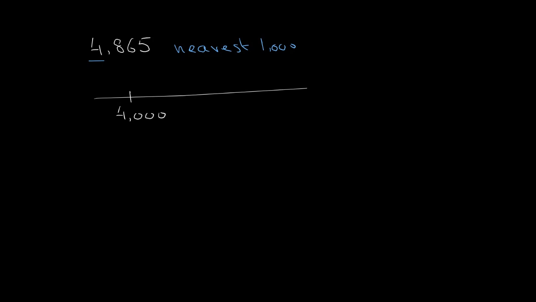So here's 4,000, here's 5,000, here is 4,500, halfway in the middle. And now 4865 is somewhere over here. So you can see it's closer to 5,000. So I can say 4865 to the nearest 1,000 is equal to 5,000.